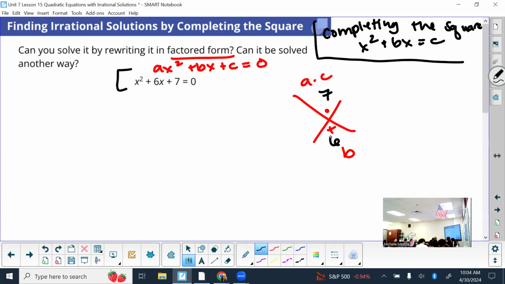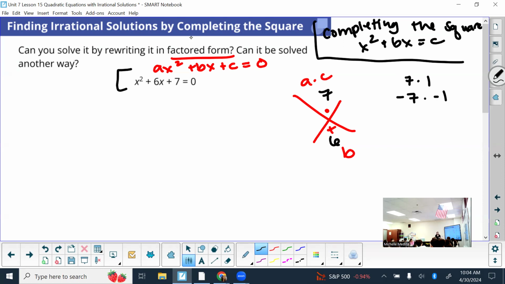Can you guys think of two numbers that multiply to 7 but add to 6? Right, because there's only 2 ways to multiply to a positive 7, and that's 7 times 1 or -7 times -1. And neither of those add to 6.